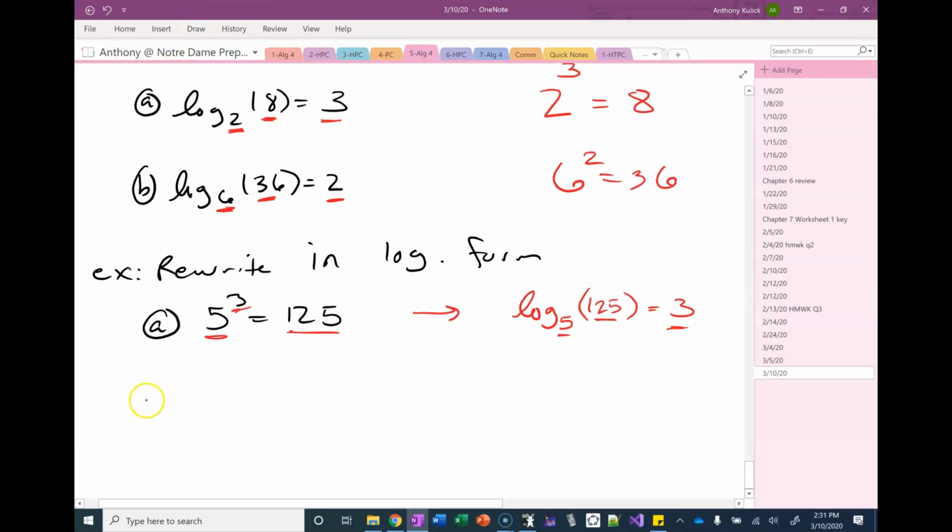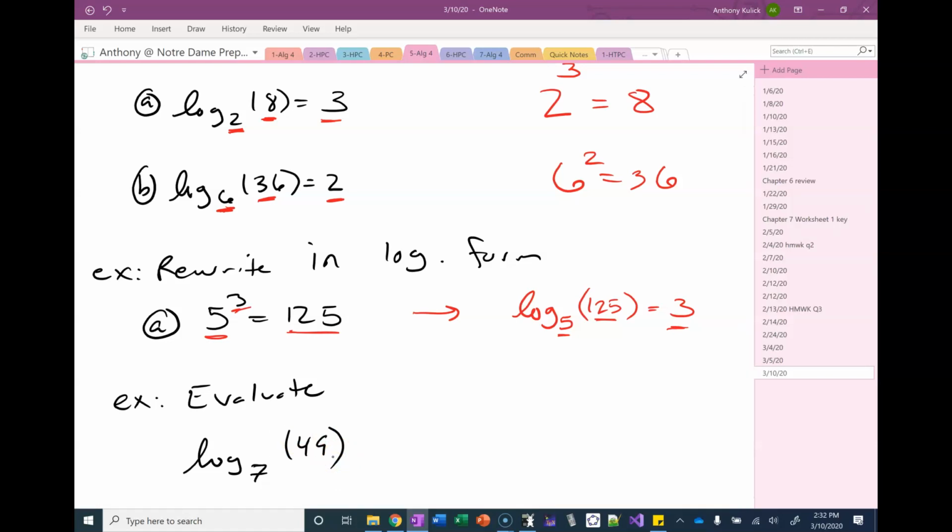So what if we ask now to evaluate, say, log base 7 of 49? The way I'd like to think about this is as a logarithmic equation.